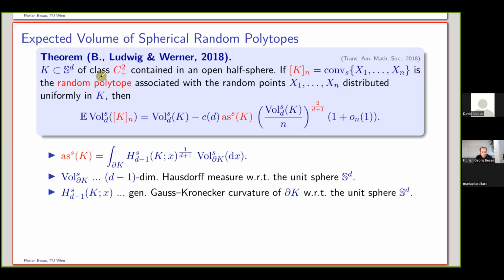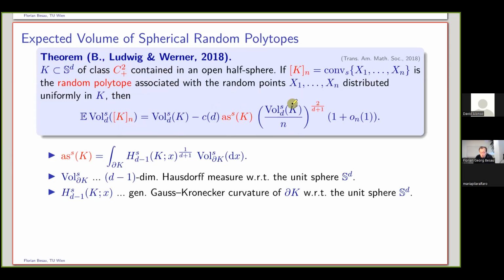And the first result we obtained in this direction was in joint work with Monika Ludwig and Elisabeth Werner, where we look at spherical convex bodies K of class C2+. And we show that essentially the same limit theorem we have seen in Euclidean space holds in spherical space. So the expectation of the volume of these random spherical polytopes behaves like this.